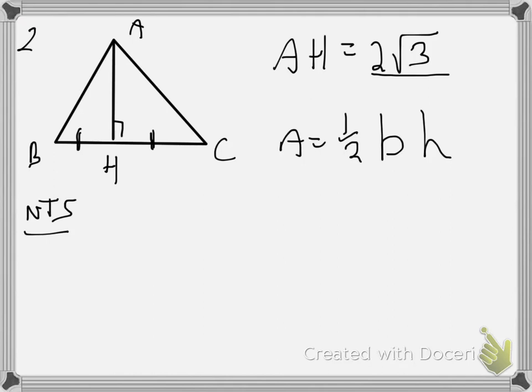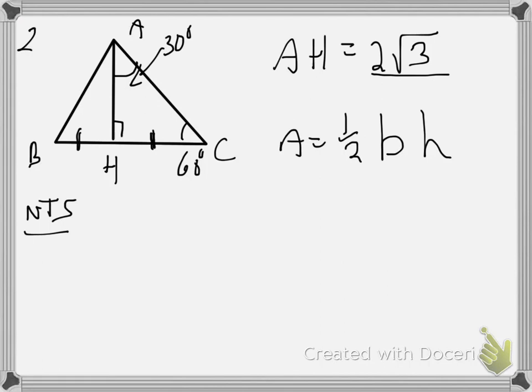Okay. So, what do we know? We know that this is a 30, 60, 90 right triangle, and we know one of the sides adjacent, we know one of the legs of the triangle.